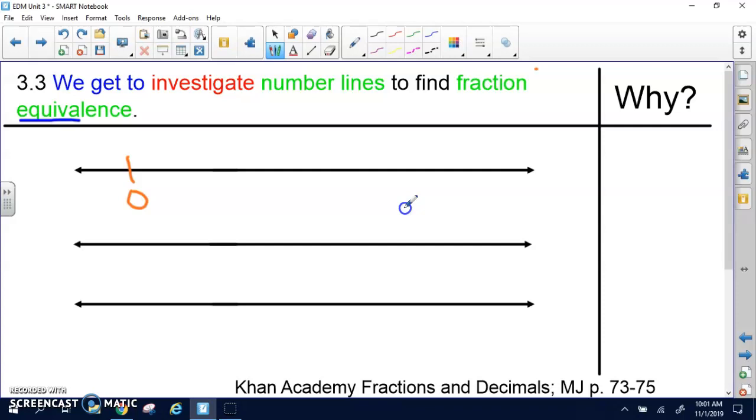Okay, so we have a number line, and I want to look at number 1. How many pieces is this whole broken into in number 1? It has 3 lines, but it's broken into 4 pieces, right? We know this because it already gives us the 1/4.